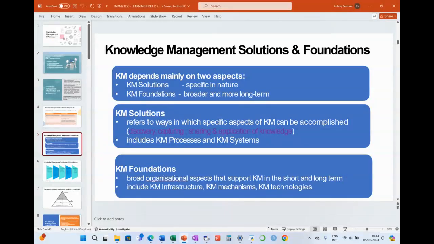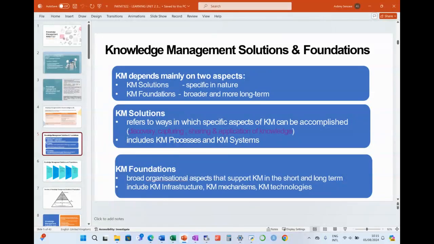Here, we're talking about the discovery, capturing, sharing, and application of knowledge. So when we're looking at solutions, we're basically saying, how do we solve for discovering knowledge? How do we solve for the capturing of knowledge? How do we solve for sharing and application of the knowledge? You see what I'm saying? Right? So that is what we're talking about with solutions. And that's why we say it's more specific in nature as opposed to broader.